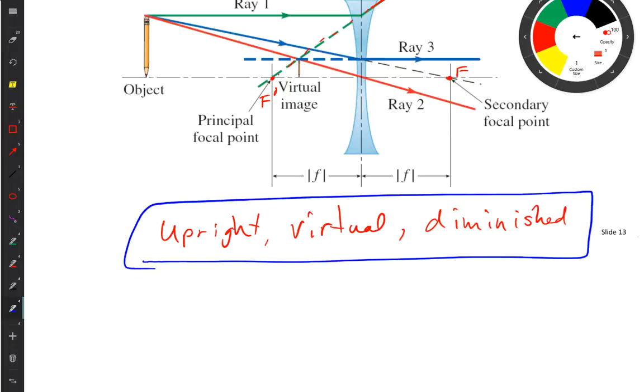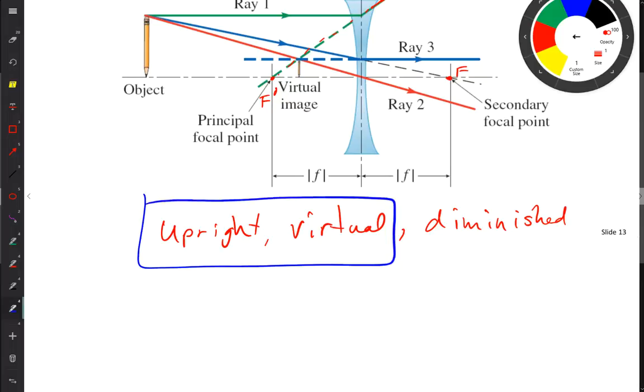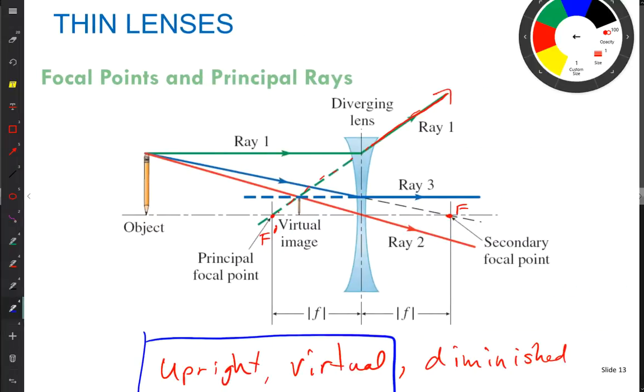Actually, is that right? No, that's only true if you have the right kind of lens. So I'm going to temper that and just go with these two, because if you have a different type of lens, you can make the virtual image enlarged. So upright and virtual always come together. Real and inverted always come together. The diminished or magnified will have to do with the object position as well as the type of lens.